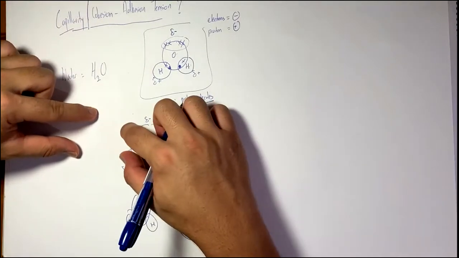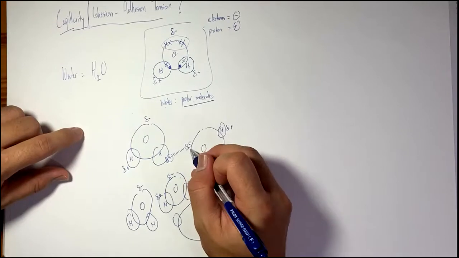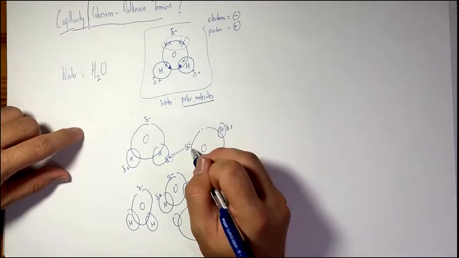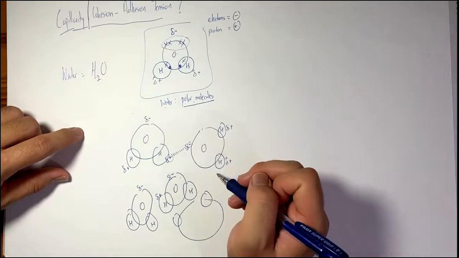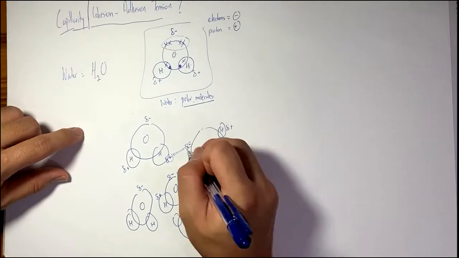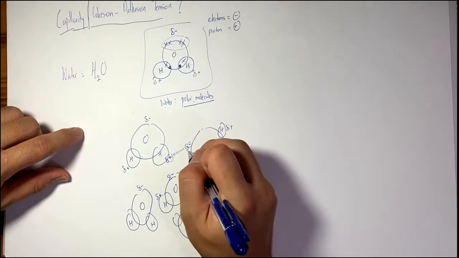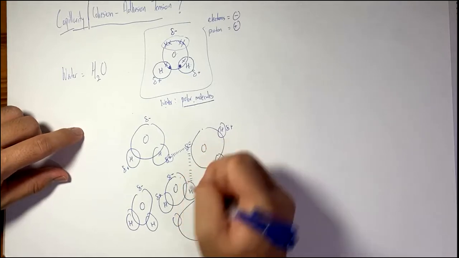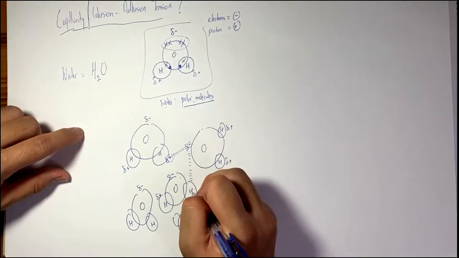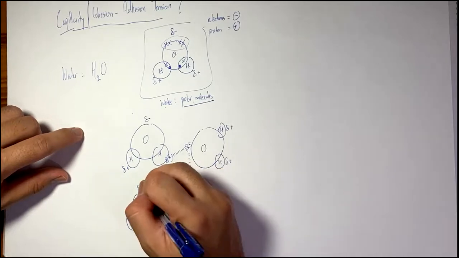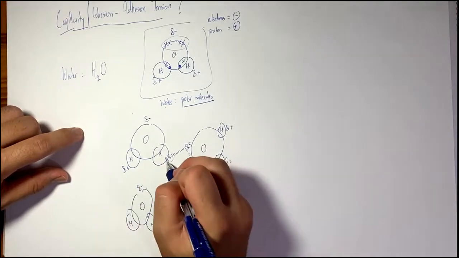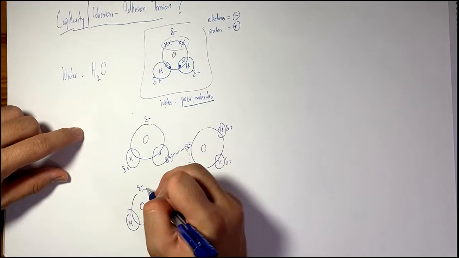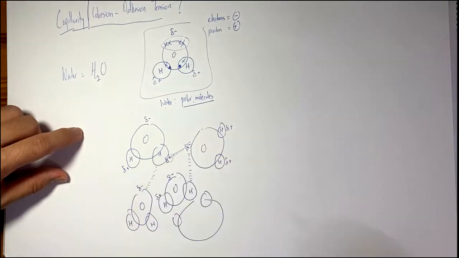Okay, and this one now, you have a delta negative here, and this delta negative will actually attract with the positive there. Together with this as well, you have a delta negative, you have a delta positive. What they will do, they will get attracted.